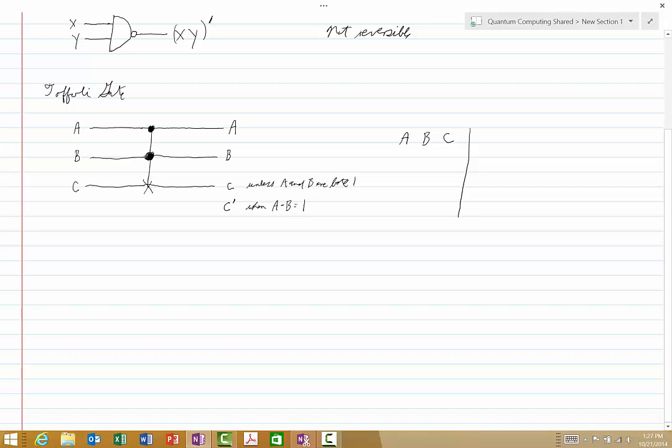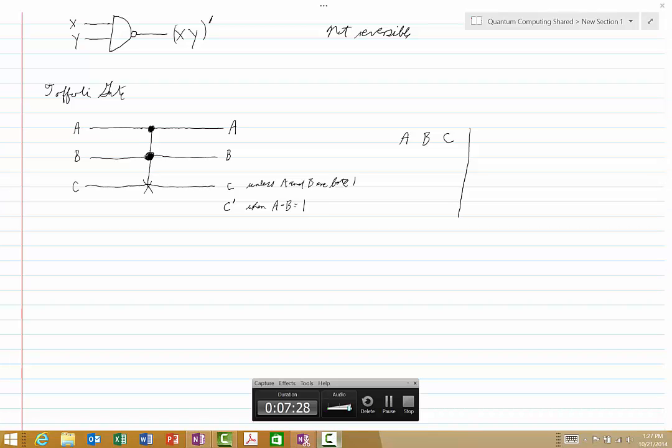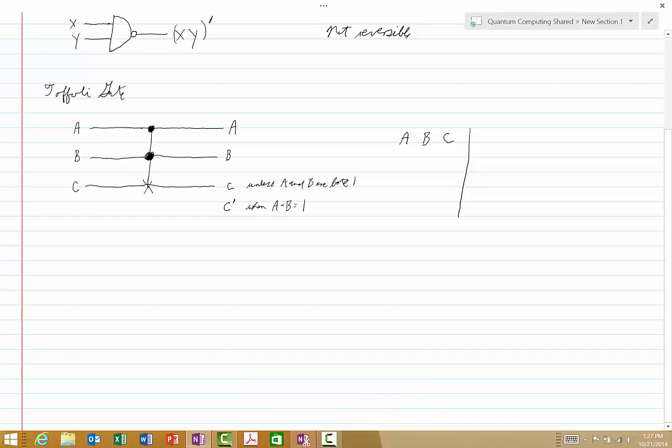I'm going to call this third bit, well, let me think about this for a moment. Okay, let's think about it this way. We'll have A, B, and C. Those refer to our input variables, and then we'll have T of A, B, C, and that will be the three output variables.